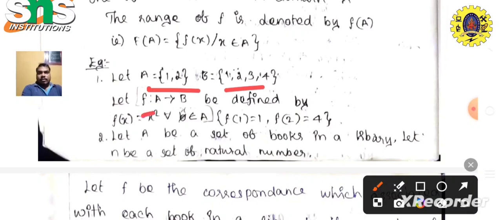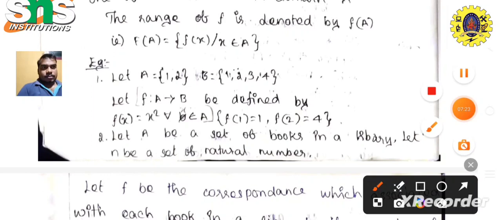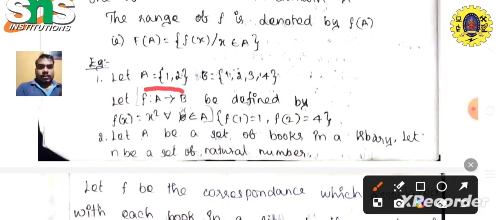Then f from A to B is defined by f of x equal to x squared, that is f of 1 equal to 1, f of 2 equal to 4.